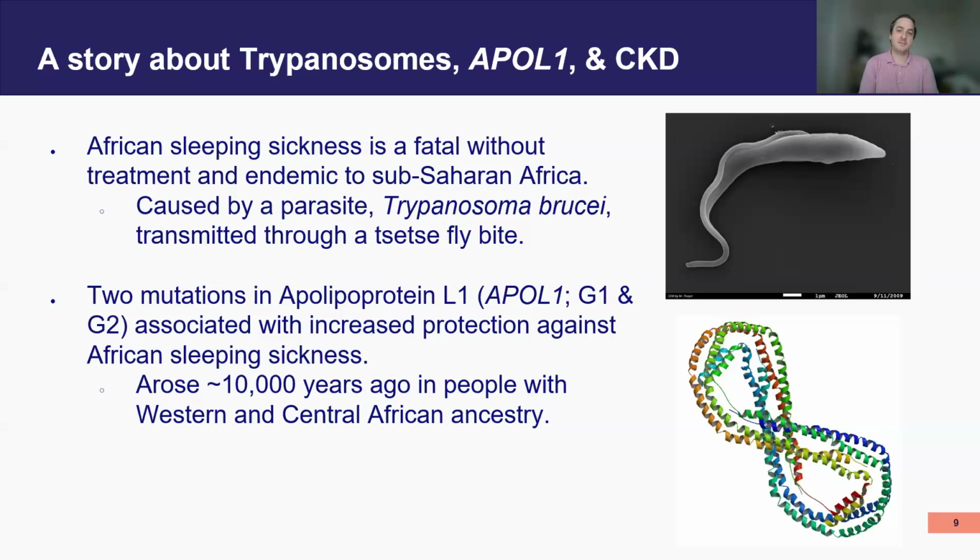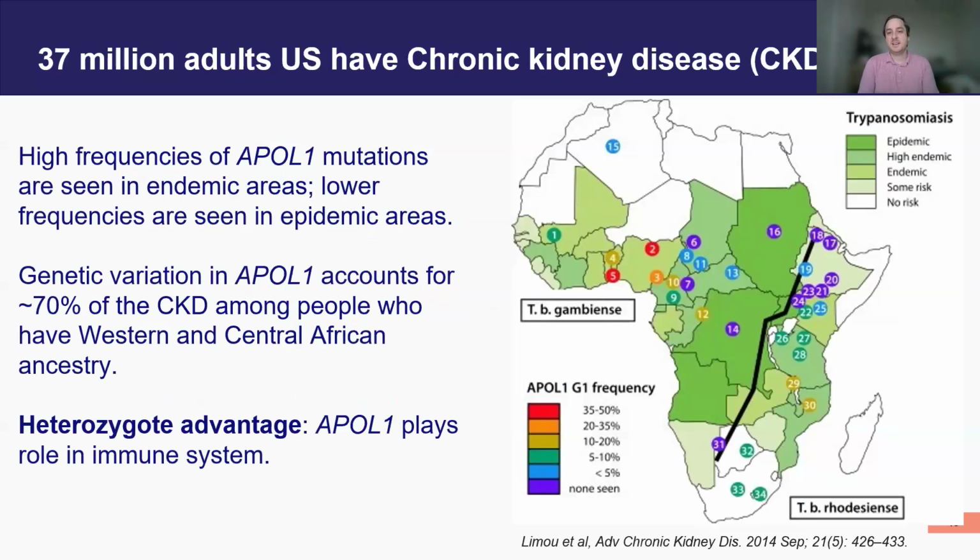And from this endemic sickness, 2 mutations within apolipoprotein L1, or ApoL1, arose and gave some increased protection against African sleeping sickness. However, it's also been seen that these mutations in ApoL1 have a higher frequency and are linked to chronic kidney disease, or CKD.